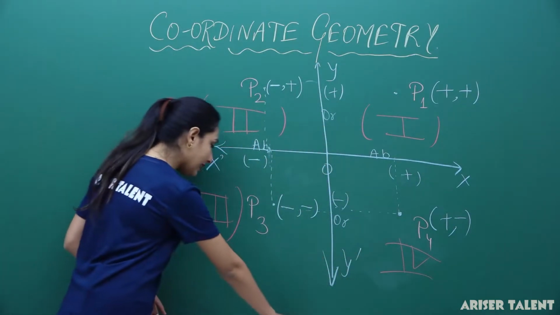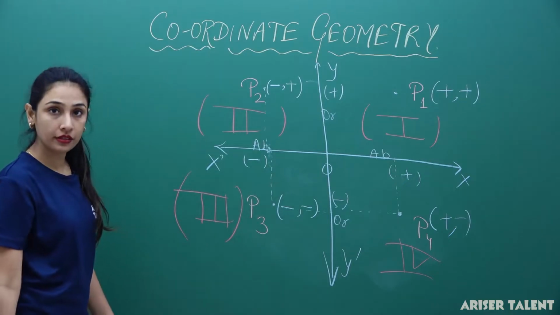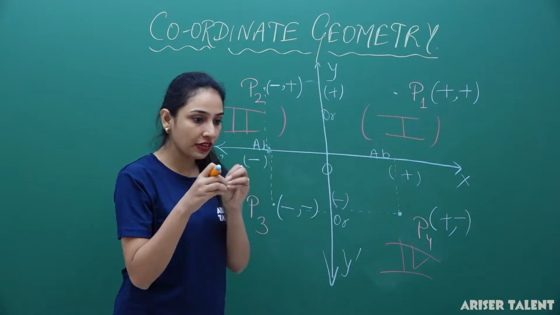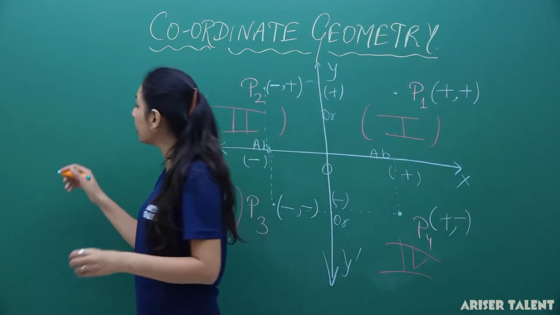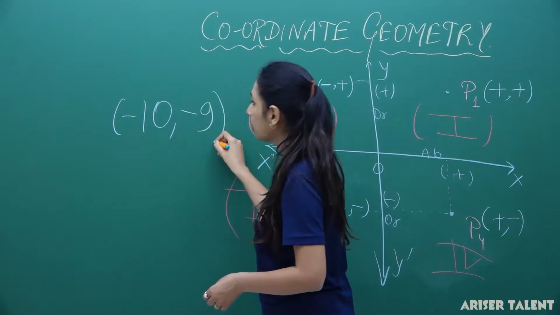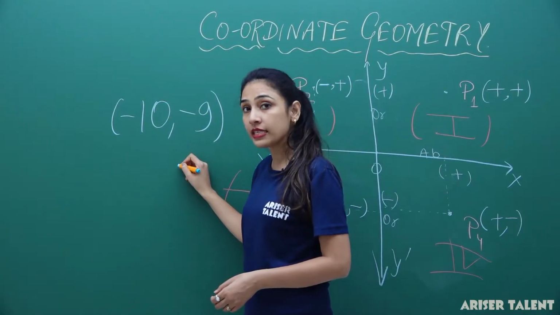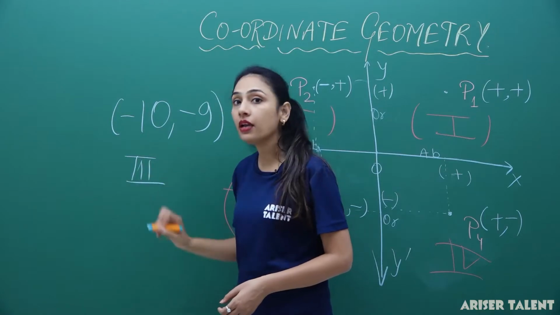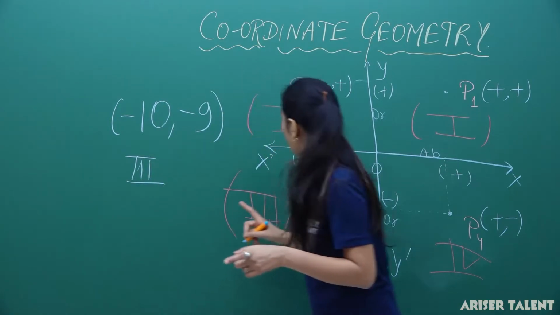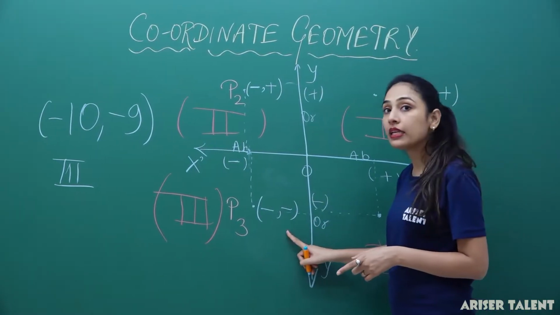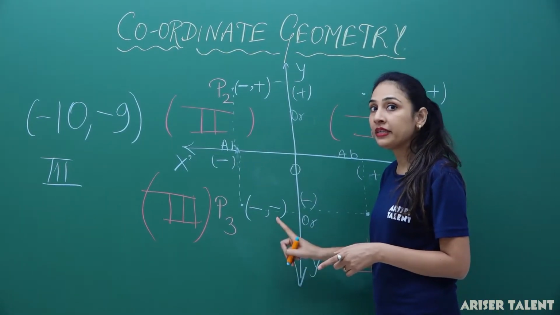Now, student, if I tell you not to plot a point, but just to tell me in which compartment it will lie, and the point is minus 10, minus 9, without a blink you will say that this is the 3rd compartment. Why? Because we have negative abscissa and negative ordinate only in the 3rd compartment here.